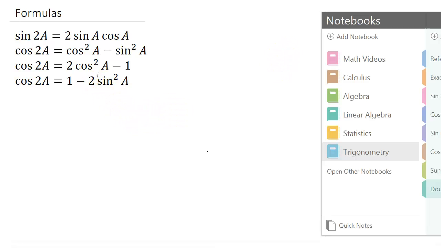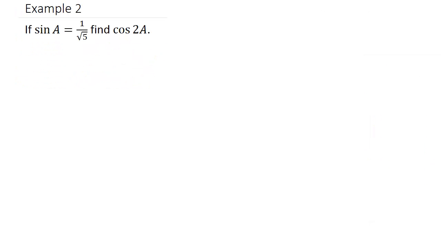Alright, so let's take a look at the second example here. It says if sine A equals 1 over the square root of 5, they want us to find cosine of 2a. Alright, so let's go ahead and just write down our double angle identities for cosine.